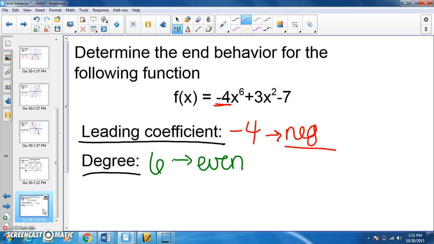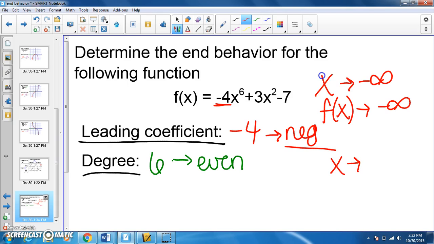So my end behavior as x approaches negative infinity, f of x, or my graph, is approaching negative infinity. And as x approaches infinity, my graph, f of x, is approaching negative infinity.